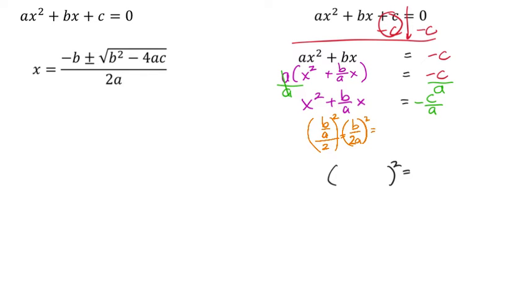So this would show, if we were to square it, as b squared over 4a squared, using some exponent rules. For the left side, though, I'm just going to show it as plus b over 2a squared, because remember, this is all part of completing the square in order to make this x, and then we would have that plus b over 2a.